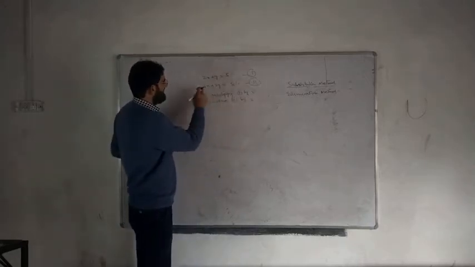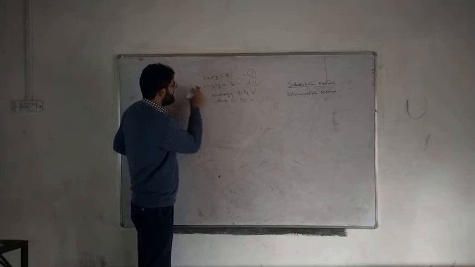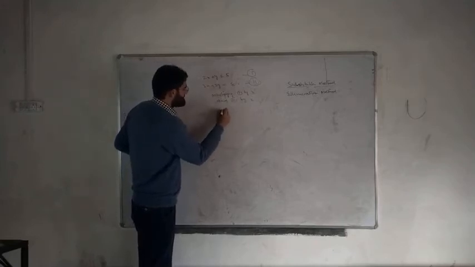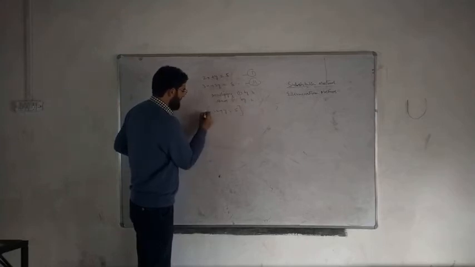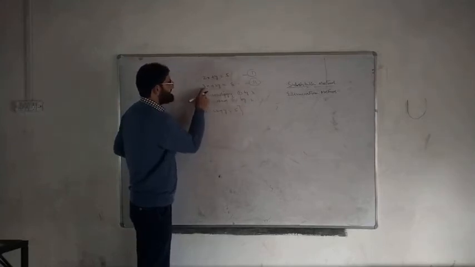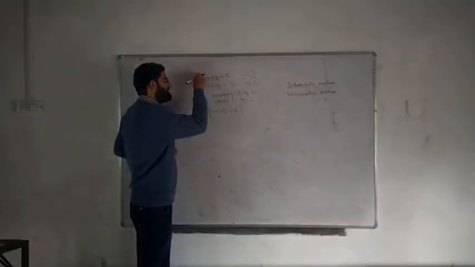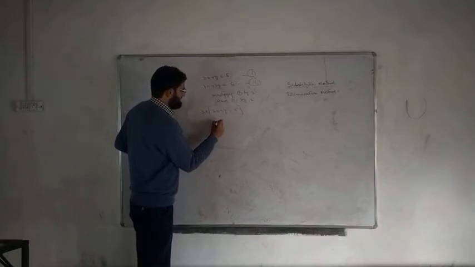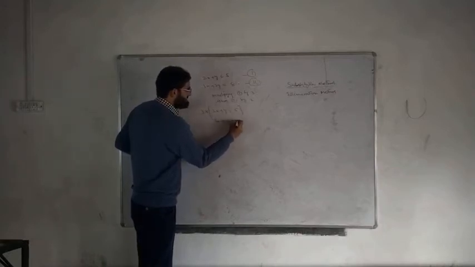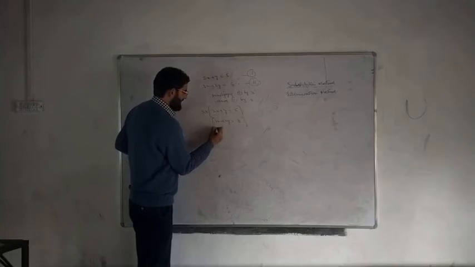So we shall write here: 2x plus y is equal to 5, and we are multiplying this whole equation by the coefficient of x in the second, that is 3. Then 3x plus 2y is equal to 8, and we are multiplying it by 2.